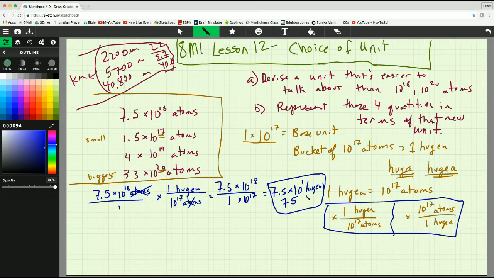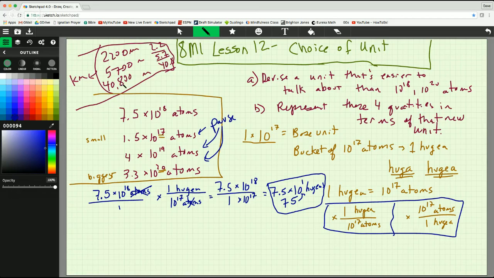So it's either 7.5 times 10 to the 1 or 75 hujas. Now I'm going to let you pause and do these last three conversions, doing it the same way that we just did.